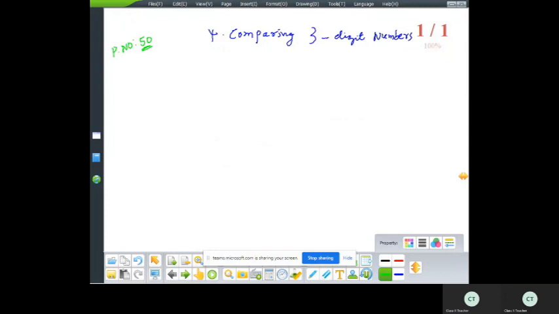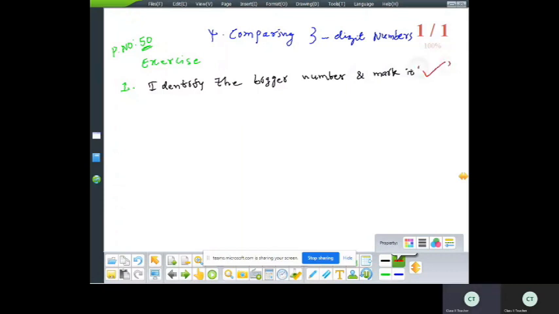Exercise. First one: identify the bigger number and mark it. We mark it with a right symbol.